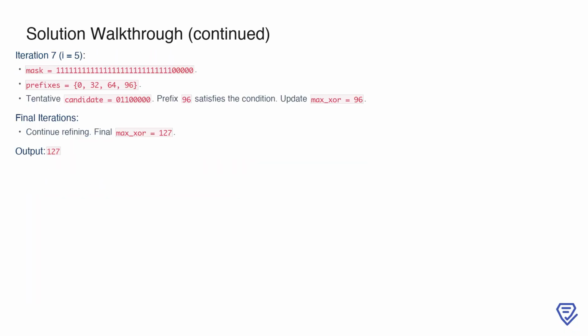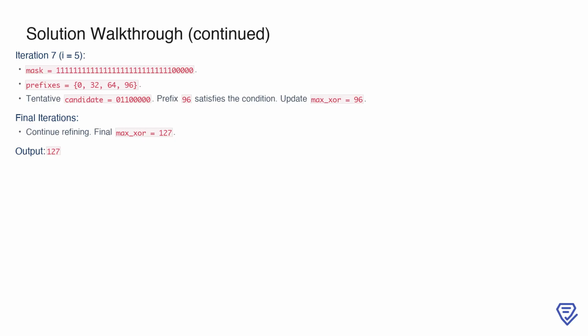Continuing with the second example, when i equals 5, the mask is updated again. The tentative candidate is 011000000, and here, the prefix 96 satisfies the condition for achieving this candidate, so we update max_XOR to 96.